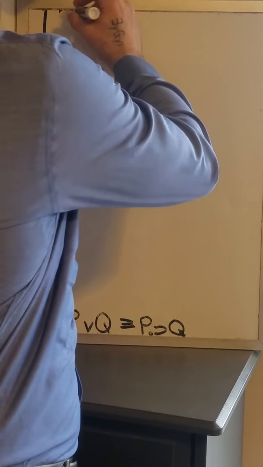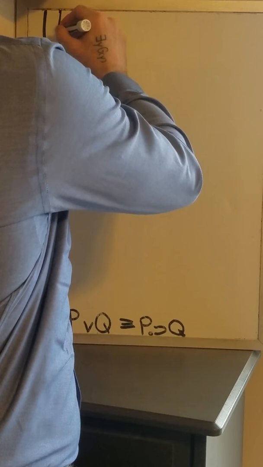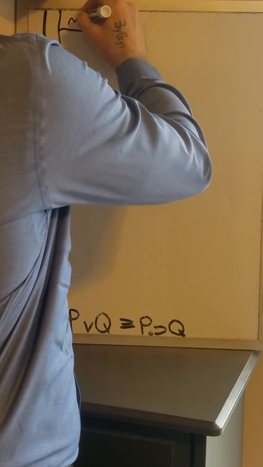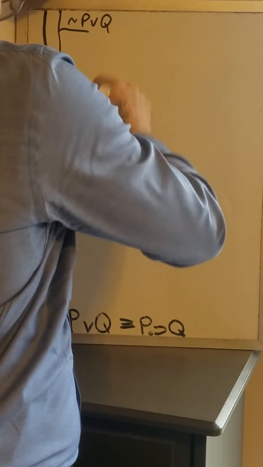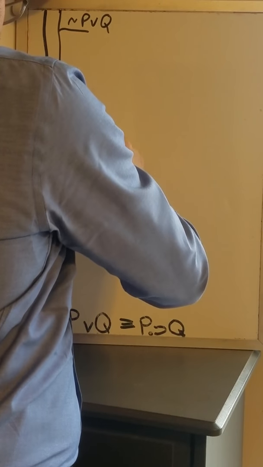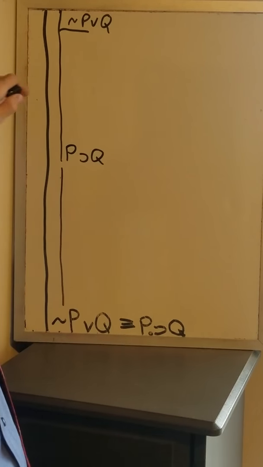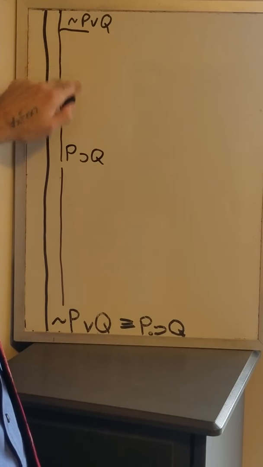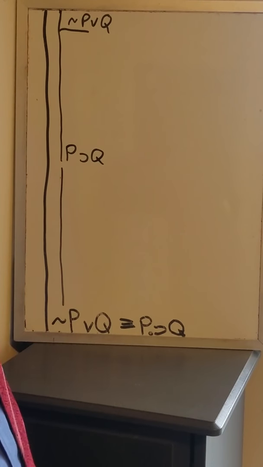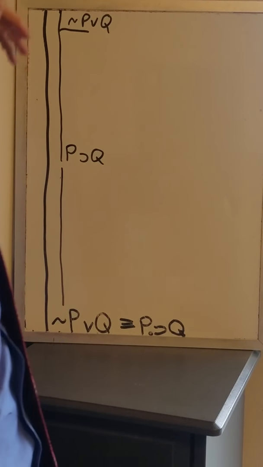So this is a biconditional that we're trying to prove. So the way we start is by making two subderivations. We're going to go from the left to right, and then from right to left.